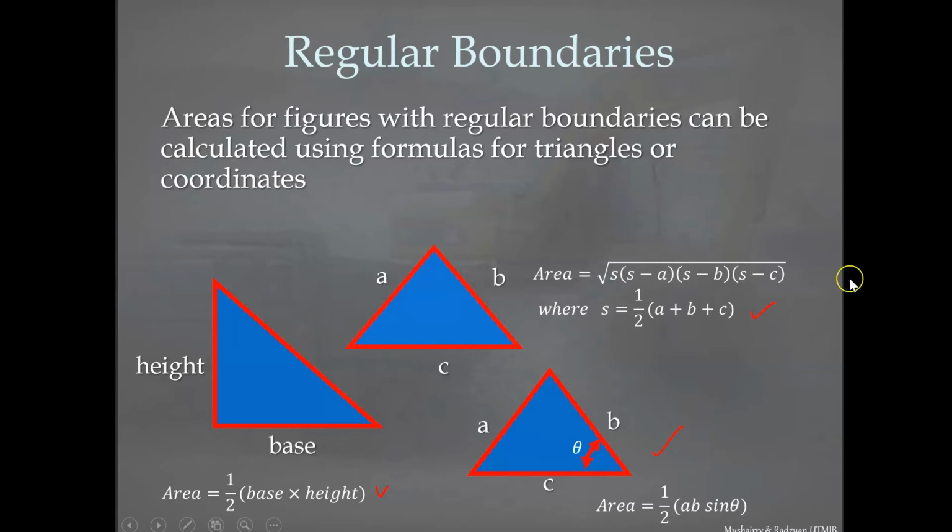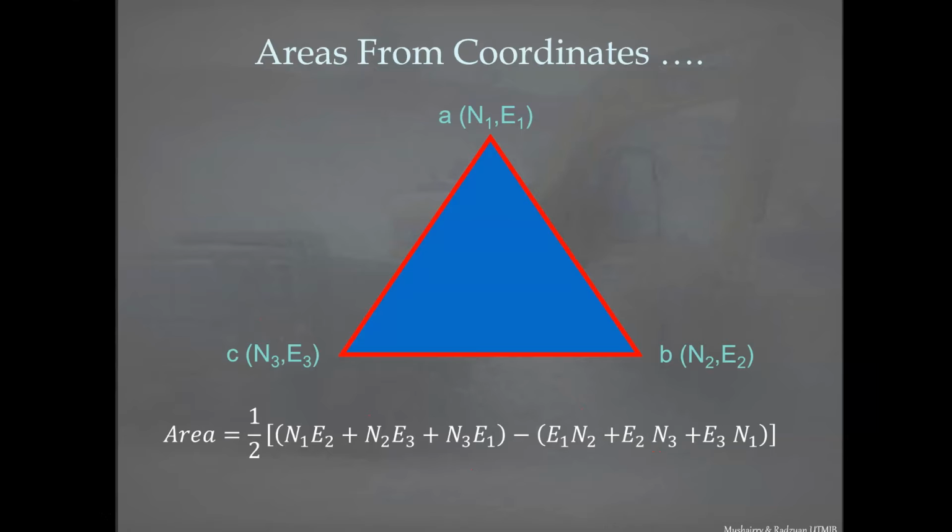When we're dealing with more than 3 sides, I think the best method to use, if you learned it in your traverse, is to simply apply the cross coordinate method, the cross multiplication method. No matter how many points we have, as long as we know what the coordinates are, we can simply apply the cross multiplication to obtain the area of the figure. So that's area of regular boundary, and I think it's quite straightforward.